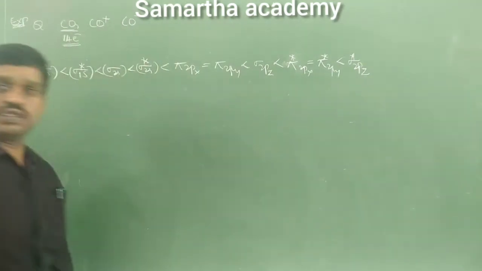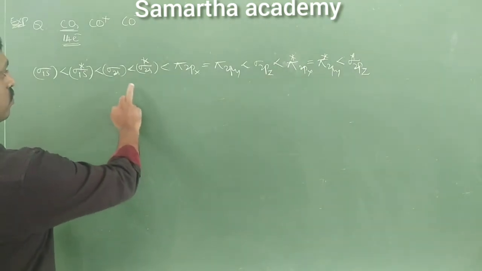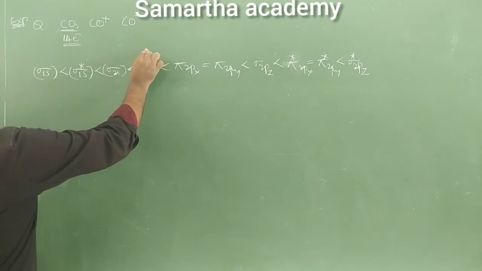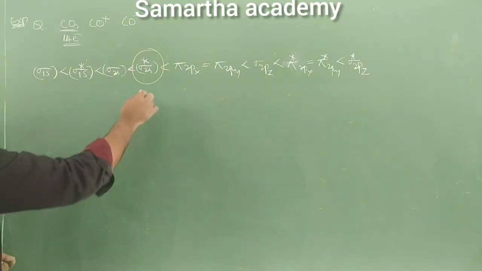This is the 14 electron rule, no? But remember, CO and related ions have 14 electrons only, but the exception is here, no? This sigma star 2s, okay, this sigma star 2s comes at the end.